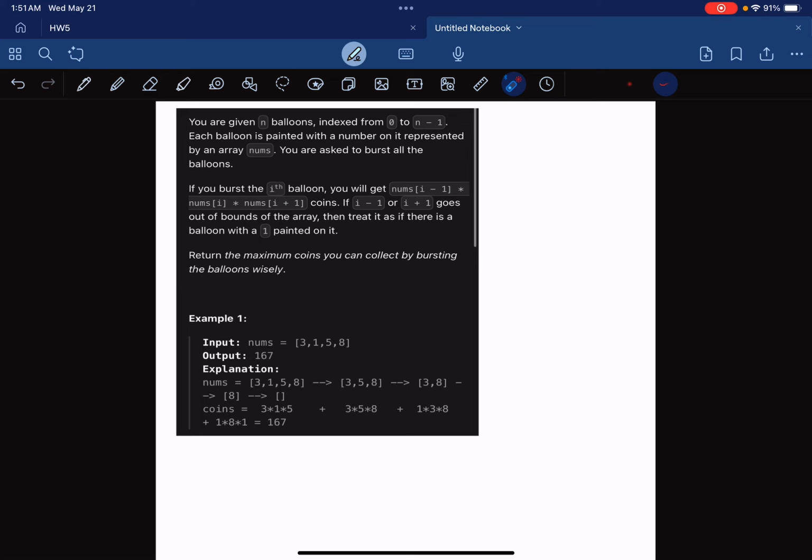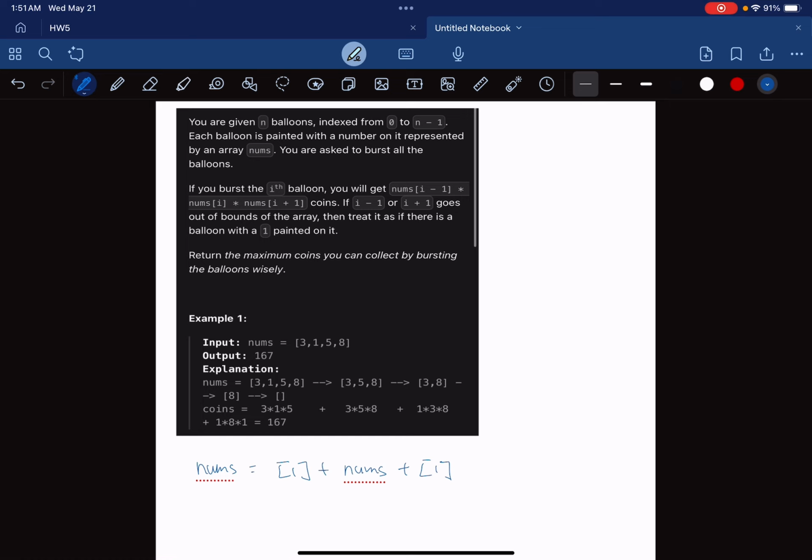So to compensate for the beginning and the end case, for nums we can set it to 1 plus nums plus 1.